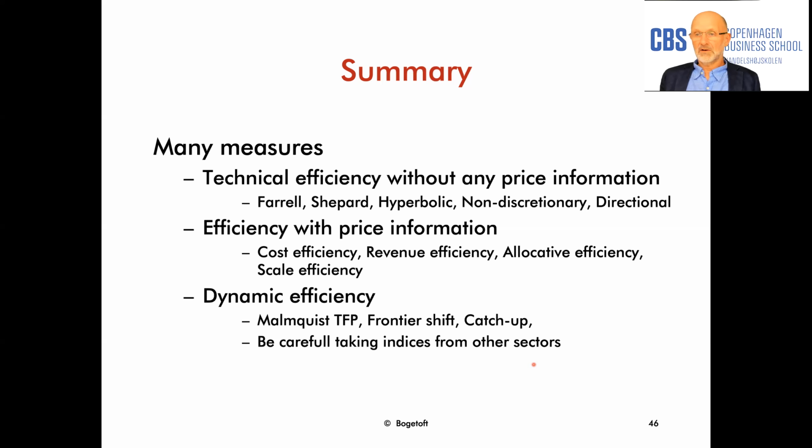And we talked at the very end about the need to be careful if you want to just rely on productivity indices from other sectors when you want to make a contract, because you need to think about how prices in a competitive sector are a reflection of how input prices are changing there and how the productivity in that sector is developing.